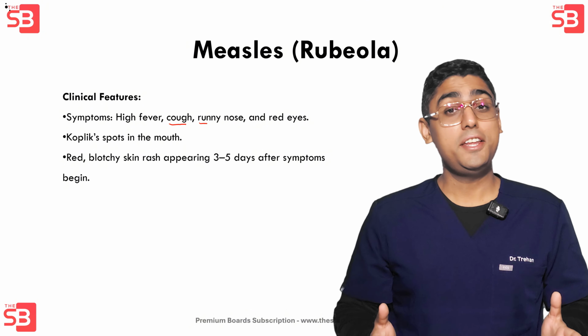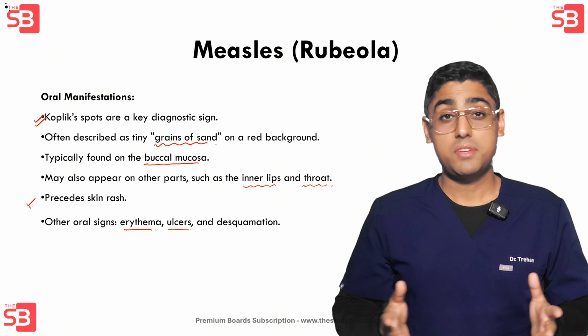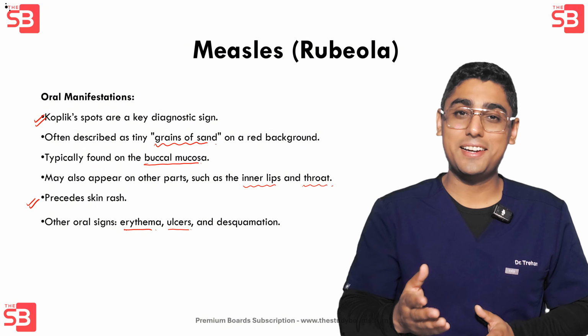In addition, other oral symptoms may also be present, including erythema, like redness in the oral tissues, and then there could also be ulcers that can develop as the infection progresses. Notably, Koplik spots often emerge before the characteristic skin rash, making them an early indicator of measles and especially valuable for your clinical diagnosis.